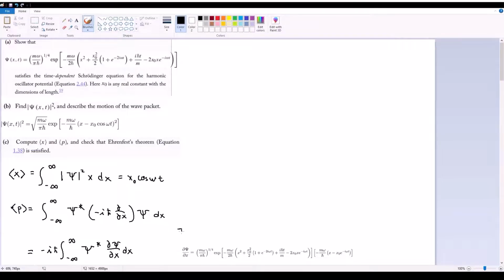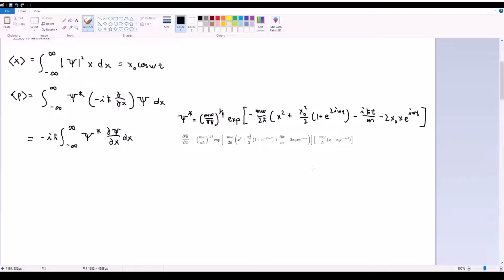Psi star is going to equal (m omega over pi h bar) to the power of 1/4 times the exponential of negative m omega over 2 h bar times x squared plus x naught squared over 2 times 1 plus e to the positive 2i omega t minus i h bar t over m minus 2 x naught times x e to the positive i omega t.